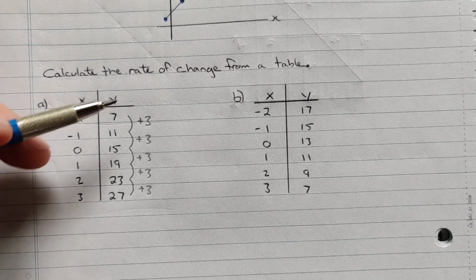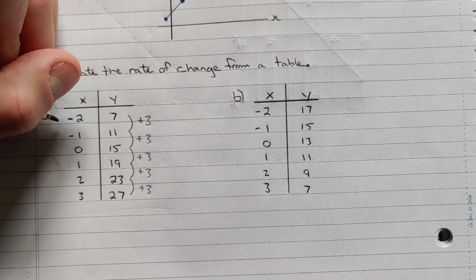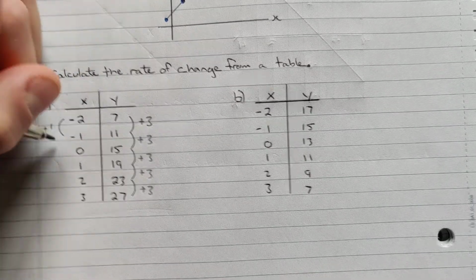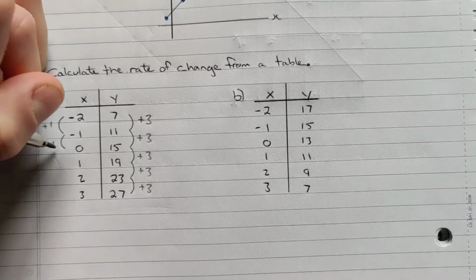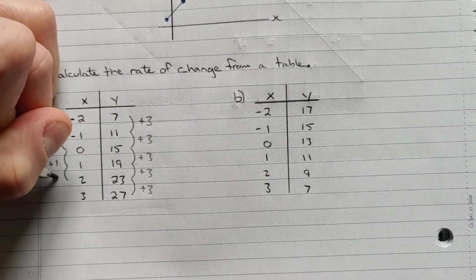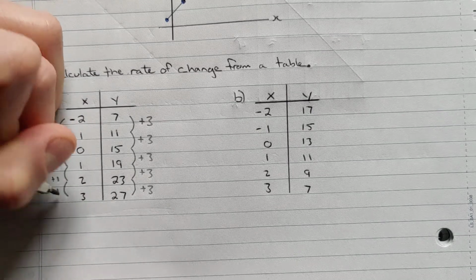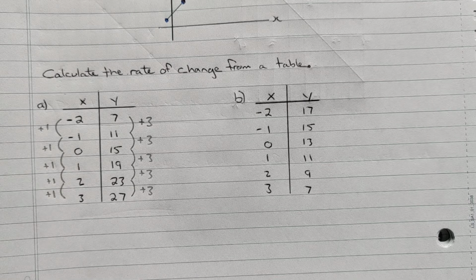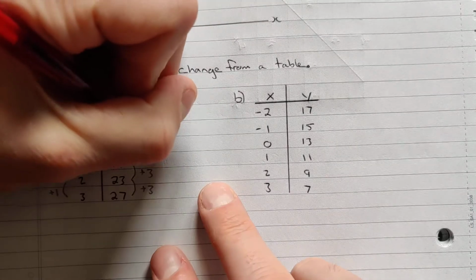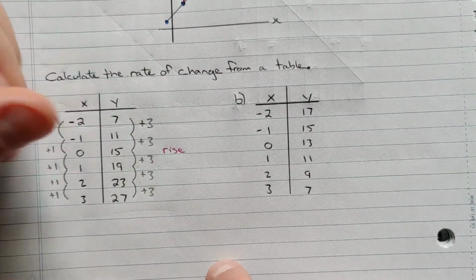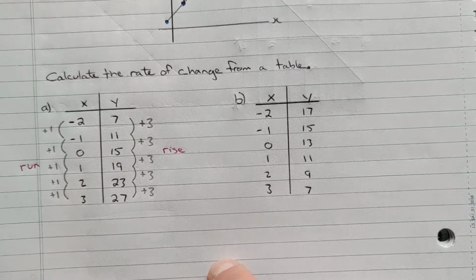Every time we're increasing by 3, and with respect to x, so each x value, each time we're increasing +1. So each time we're going up by 3 here, each time we're going up by 1 here. So in terms of that rise over run, this is our rise because it's on the y, the vertical axis, and this part over here represents our run.